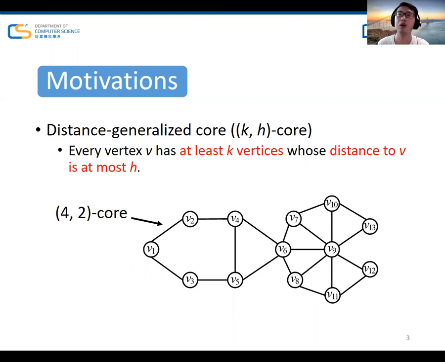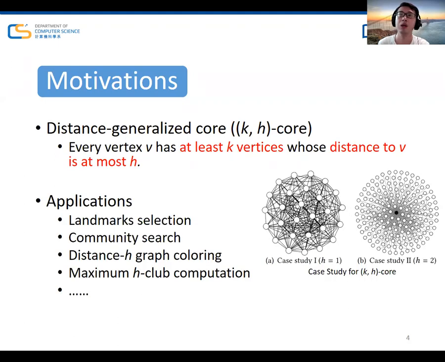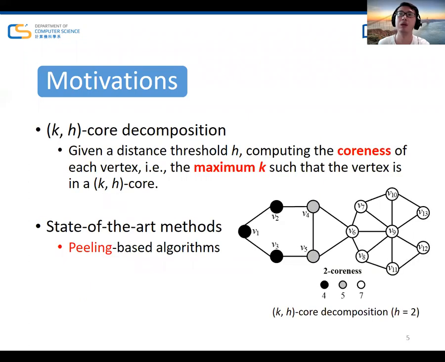In a (k,h)-core, every vertex has at least k vertices whose distance to it is at most h. For example, in the figure, the graph is a (4,2)-core since every vertex has at least 4 one-hop and 2-hop neighbors. The (k,h)-core model has many applications, such as landmark selection, community search, graph coloring, and maximum h-club computation.